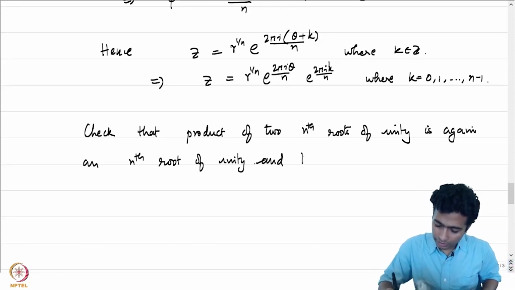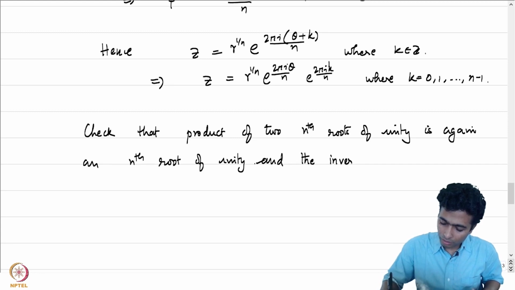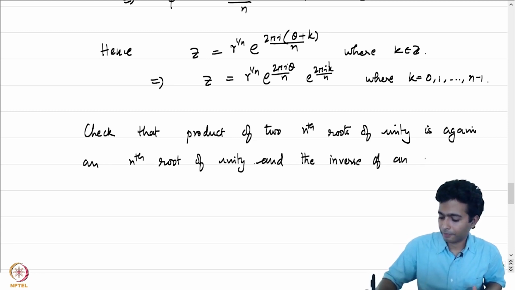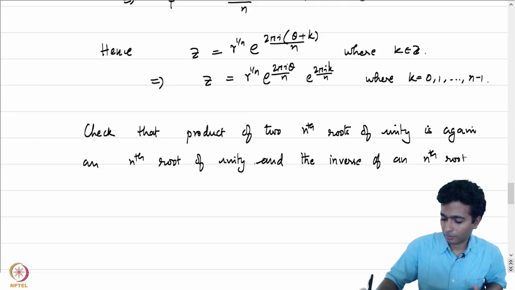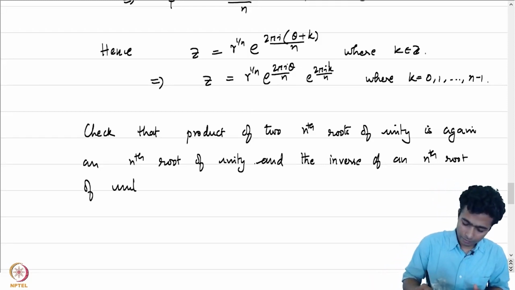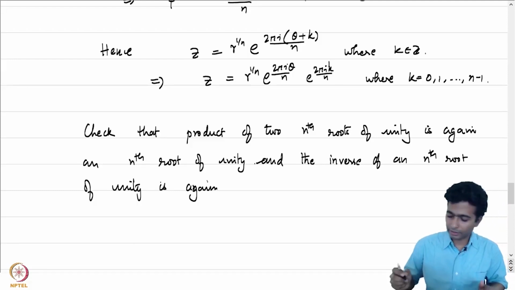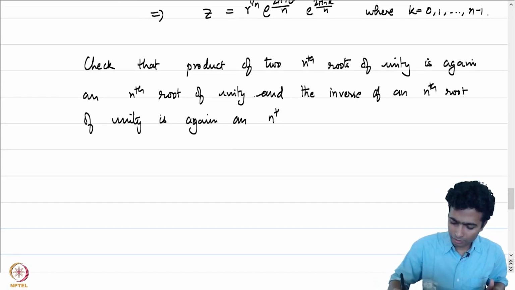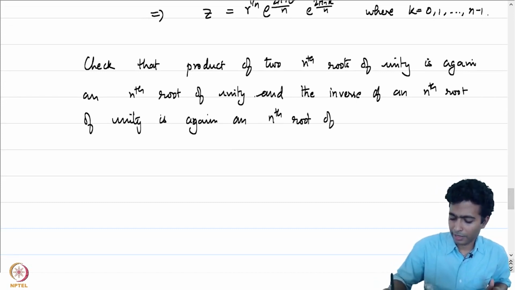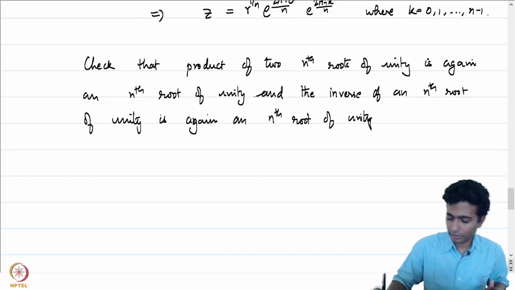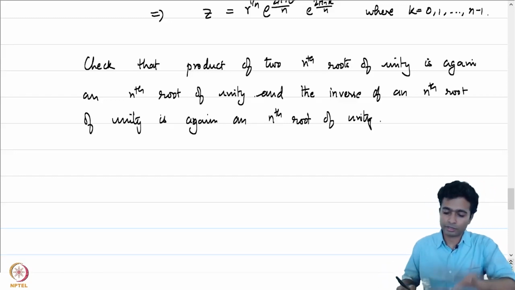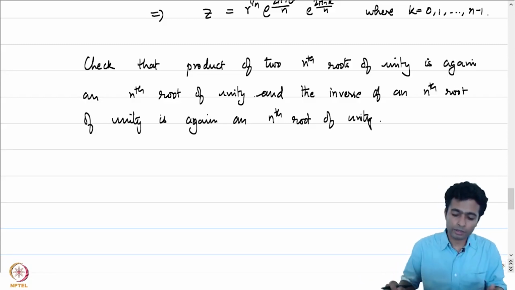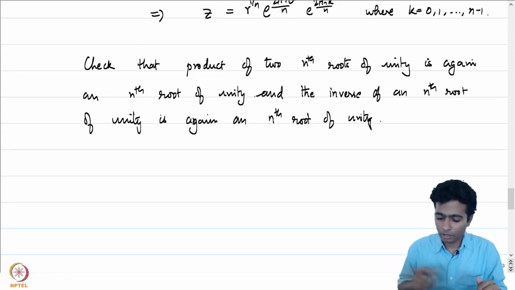And the inverse of an nth root of unity is again an nth root of unity. Basically, I'm just writing that the nth roots of unity form a group. By using these two facts, you should sit down and check this. By using these two facts, it's quite straightforward that any two roots of the equation z to the power n is equal to w differ by multiplication by a root of unity.